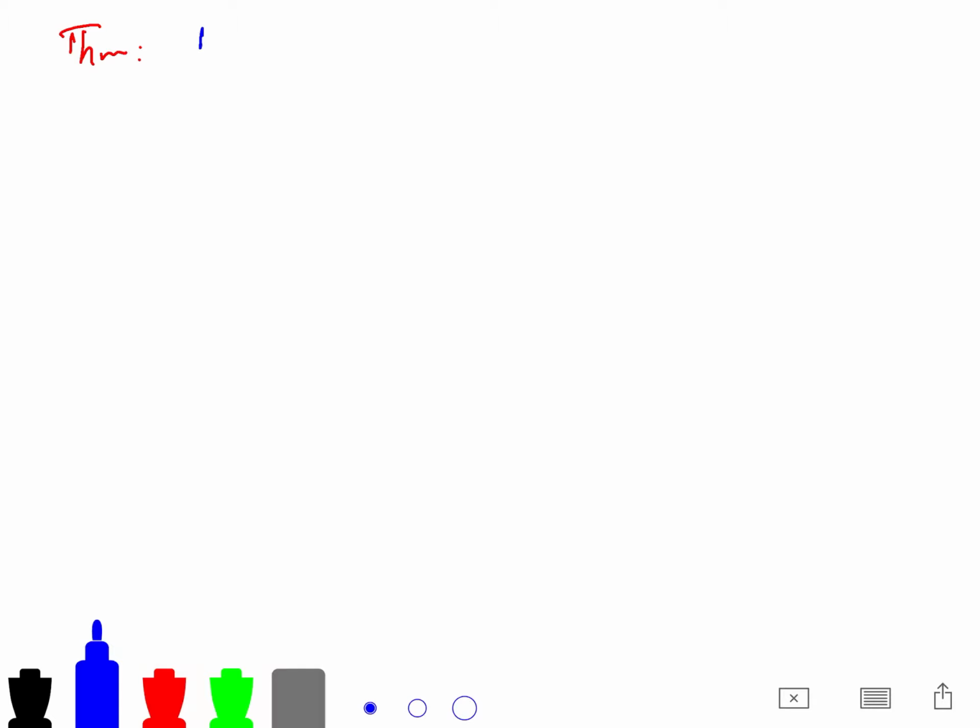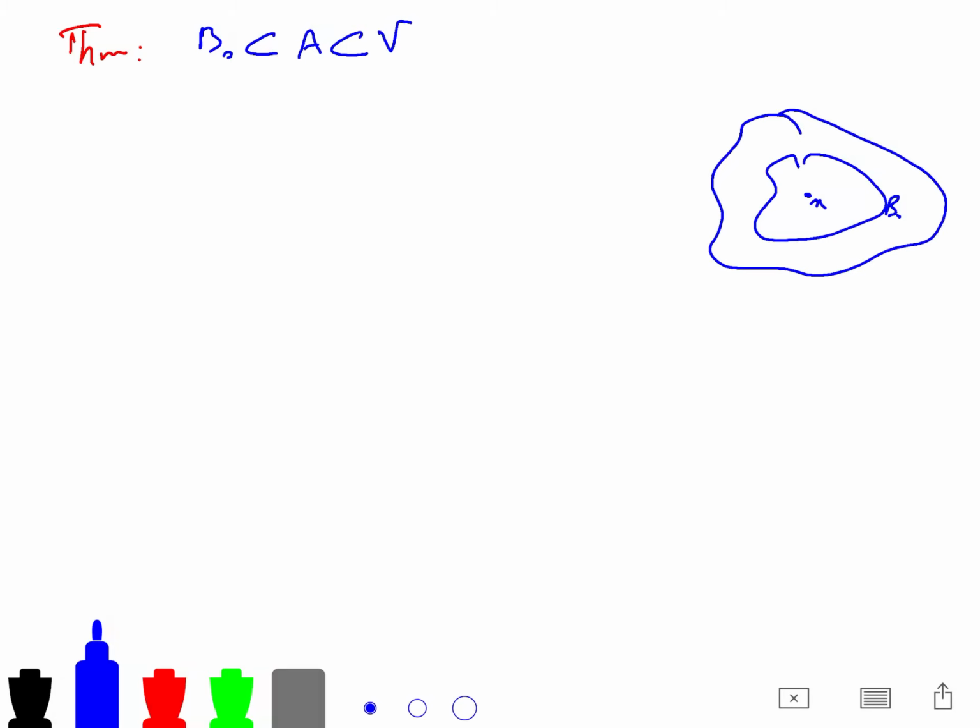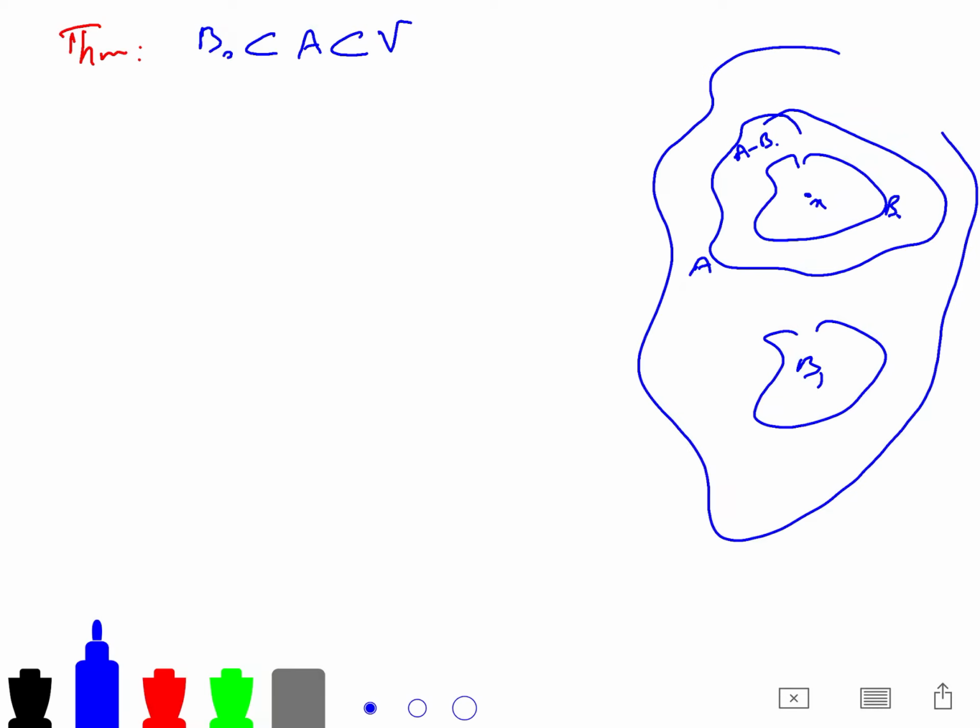The theorem says that if B0 is a subset of A and A is a subset of V, as usual, so we have some vertex X inside B0, and here is A, so between them is A minus B0, and also we have another set B1, so all of them are subsets of the vertices of your graph. So imagine this picture in your mind for many reasons.